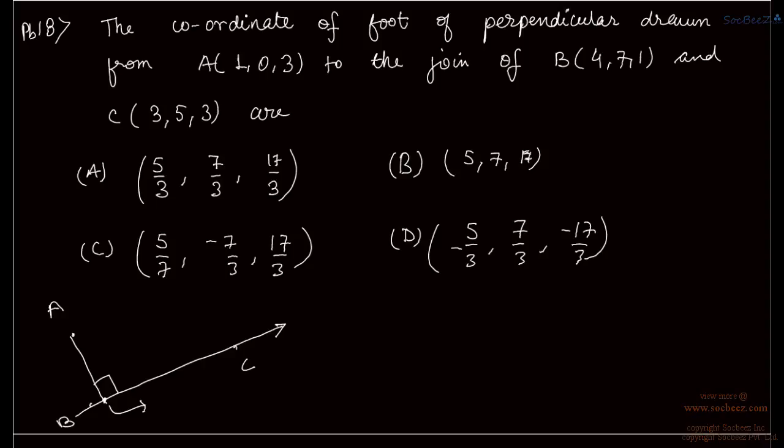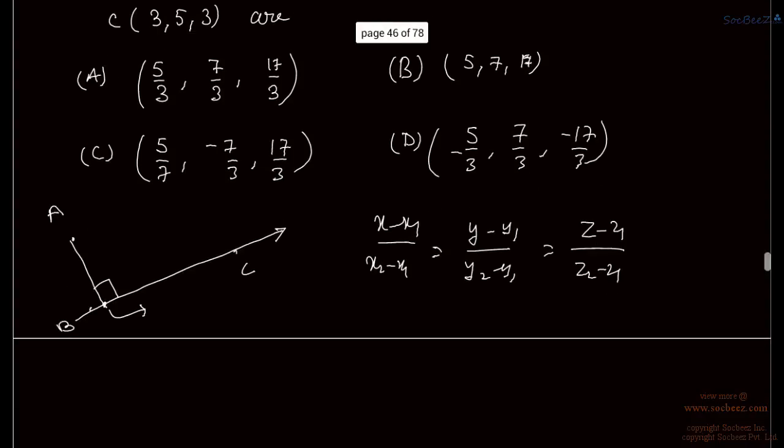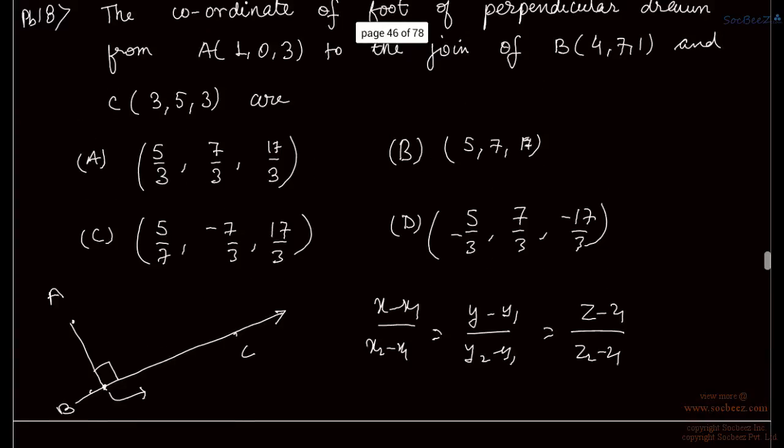Equation of line BC is x minus x1 upon x2 minus x1 is equal to y minus y1 upon y2 minus y1 is equal to z minus z1 upon z2 minus z1, where x1 y1 z1 and x2 y2 z2 are points on the line. So B and C lie on this line, so we will be taking x1 y1 z1 as coordinates of B and x2 y2 z2 as coordinates of C. Okay, so thus the equation of line is, the coordinates of B are 4, 7, 1.